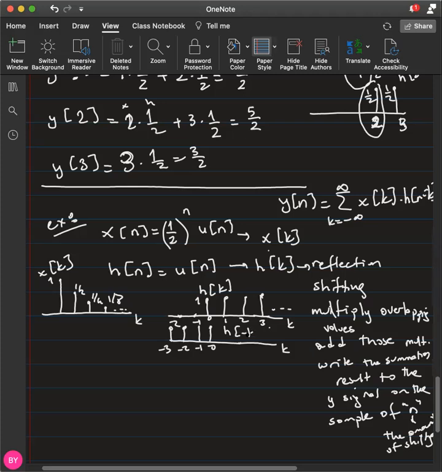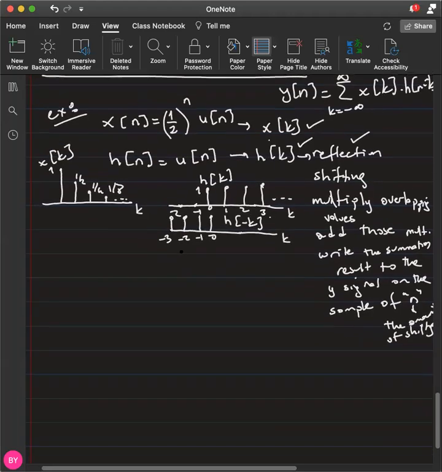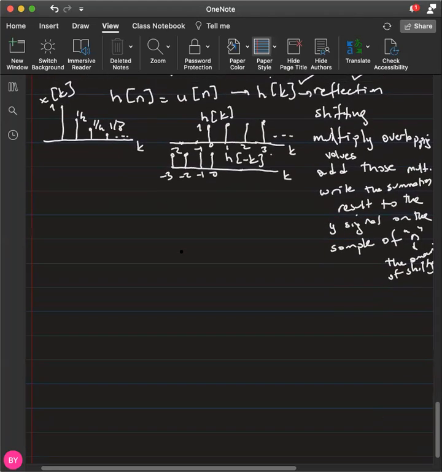H of minus k. So these are the first two steps. What did I do? I took x of k, I took the reflection of h of k. What is next? Now I should start shifting. After the reflection, I should start shifting.